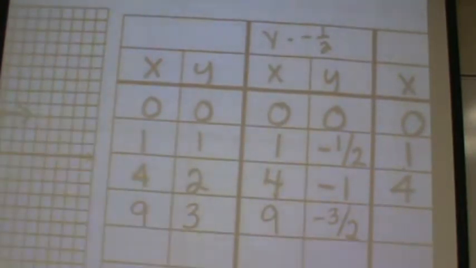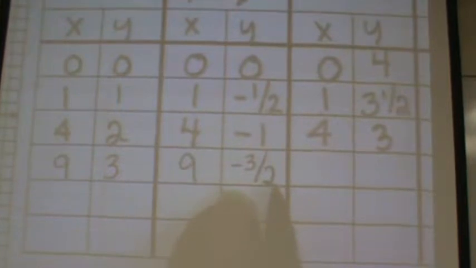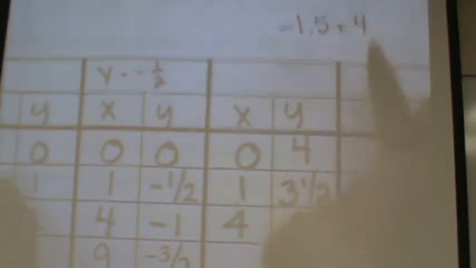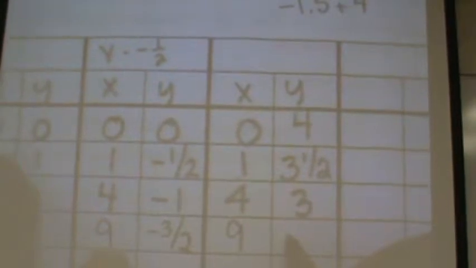Then the only other thing you have to do is add 4. So adding 4 to your y values, add 4, add 4, add 4, and add 4. What's -1.5 plus 4? 2.5. It'd be 2.5.